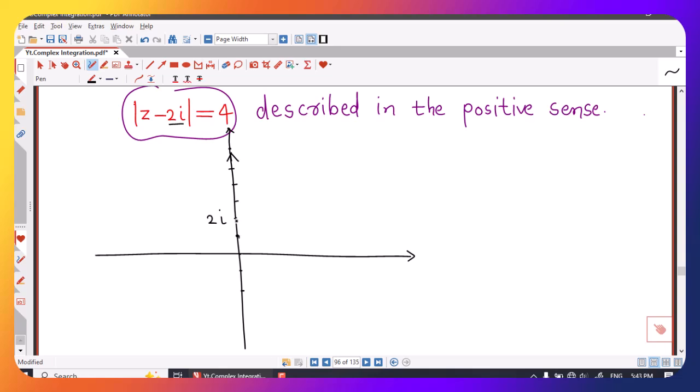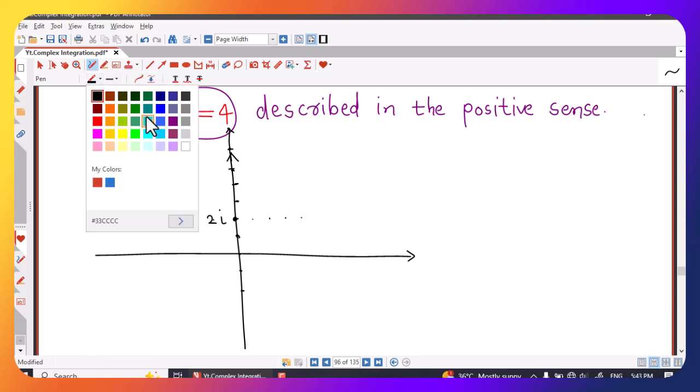Okay, this is 1, 2, and here radius is 4, so I have to go 4 units above this center as well as 4 units below this center. Similarly 4 units to the right and 4 units to the left. So our circle is like this.